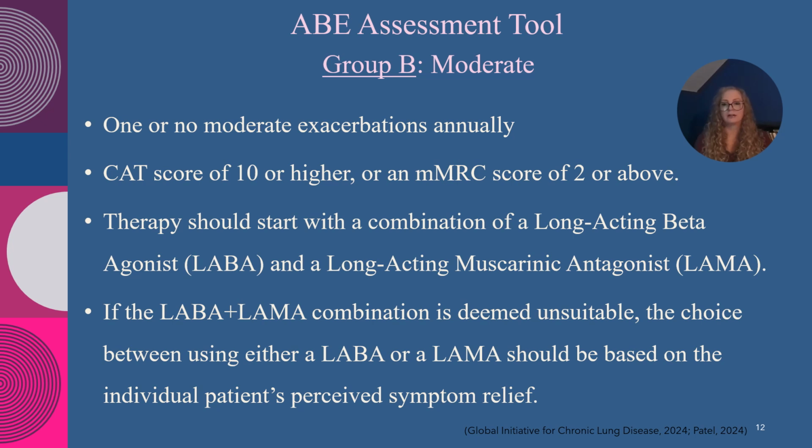So the long-acting beta agonist and the long-acting muscarinic antagonist, or the anticholinergic, like your Spiriva. So you'll start the combo LABA and LAMA. If for whatever reason they can't do both together, typically the LAMA is recommended over the LABA because it controls the exacerbations and the symptoms better.